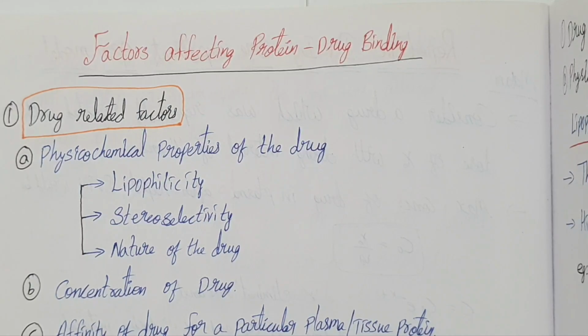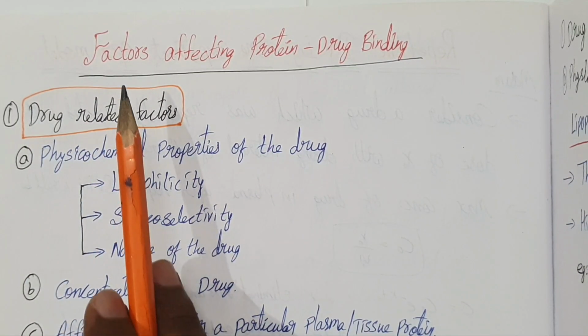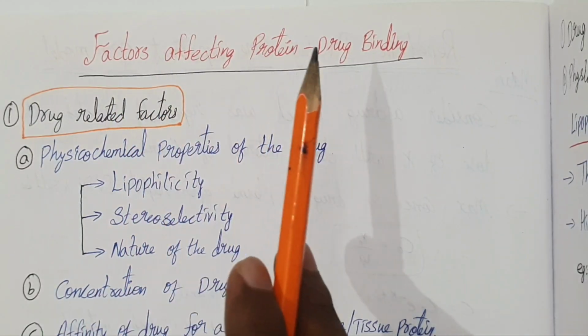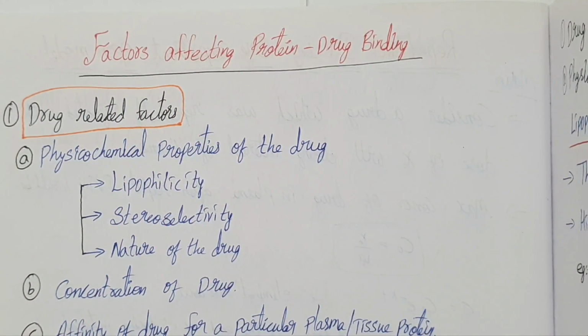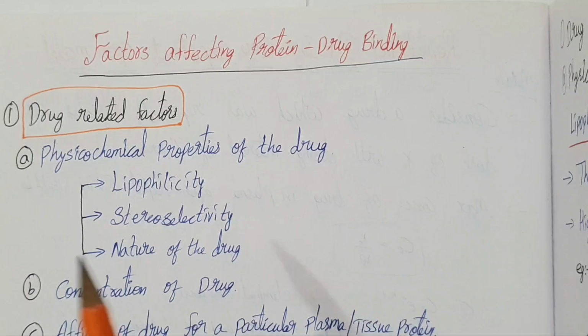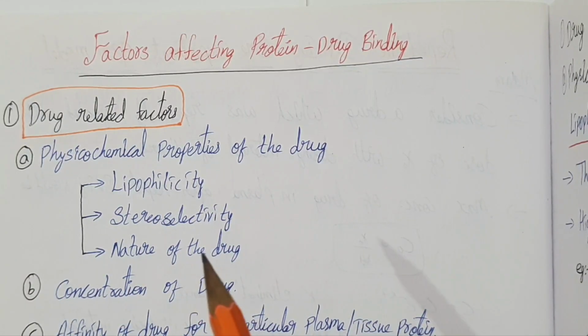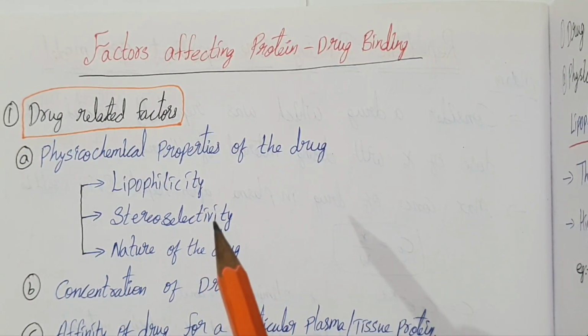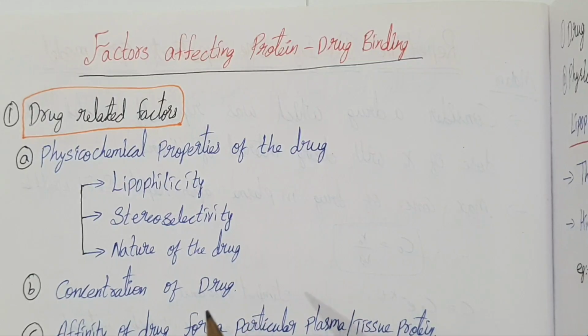Hello students, today we are going to talk about a very important concept in biopharmaceutics and pharmacokinetics, that is protein-drug binding and factors that affect it. Protein binding plays a huge role in how much drug is free in the body and how much is bound.